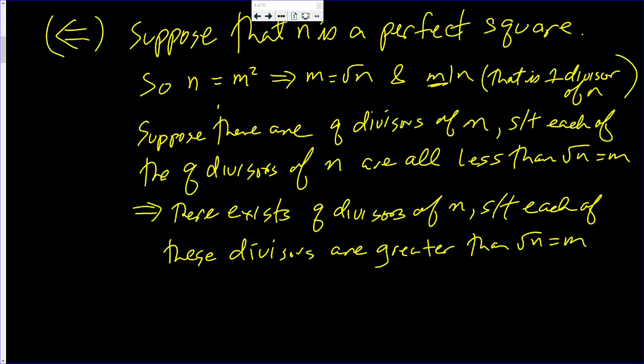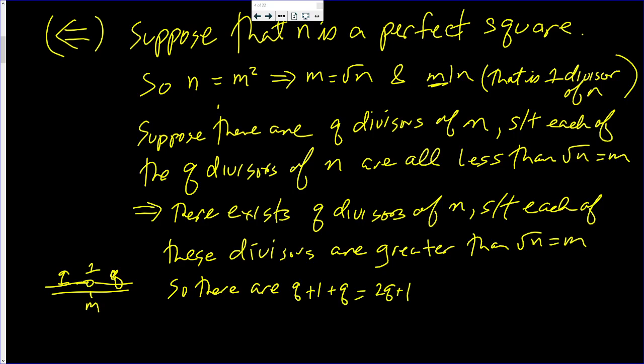Okay, so again, you have the square root of n, less than you have q divisors, greater than you have q divisors, and m itself is 1. So there are q plus 1 plus q, which is 2q plus 1 divisors for n. This is an odd number.